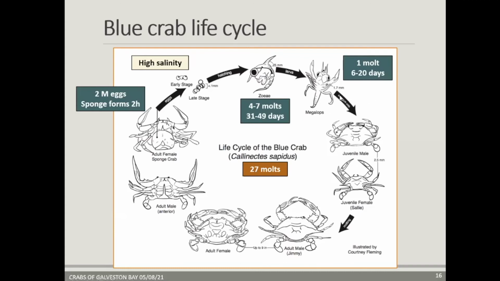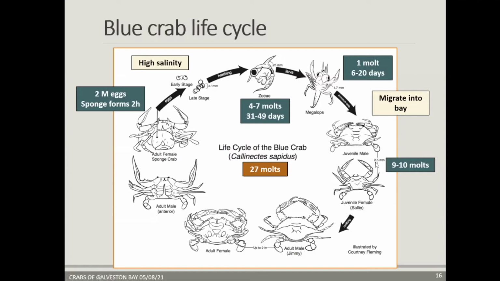The megalop stage is 1 molt only, and it lasts about 1 week to 3 weeks. And at this point, the megalops are starting to migrate into the estuary toward low salinity water. And they really don't know they're coming into the estuary. All they know is that they're heading for lower salinity water. And in this time, they're going to migrate into the bay, and there'll be a juvenile stage crab.